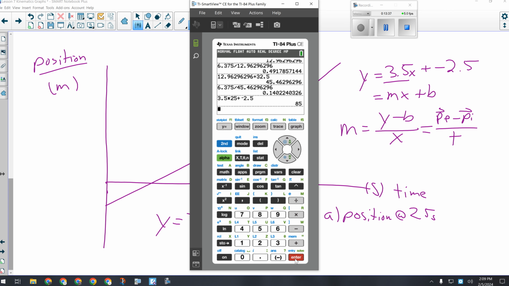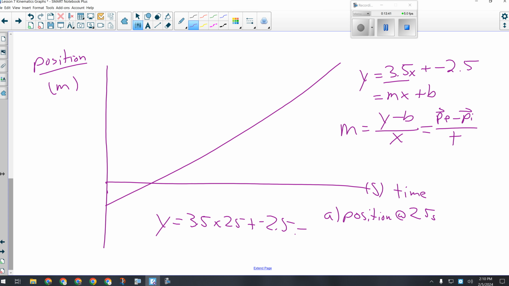So positive 85 meters would be my position after 25 seconds. Did that ring a bell from last year? If you were in my science 10 class, I definitely asked you to do that.